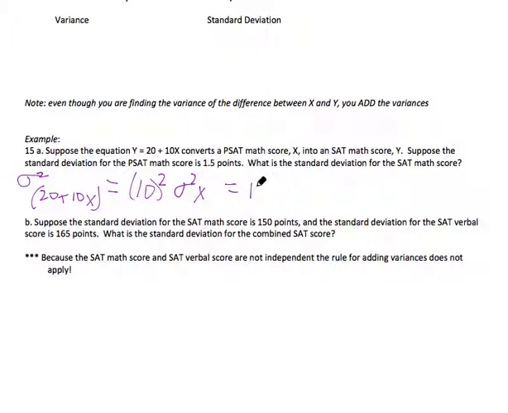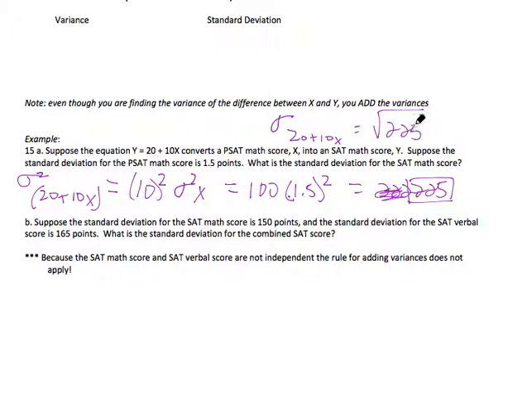My standard deviation was 1.5, so that's going to be equal to 225. But the question asked for the standard deviation, so to find the standard deviation of 20 plus 10x, I just take the square root of 225. So the standard deviation is equal to 15. That's how that changes. So the standard deviation for the SAT math score is 15.